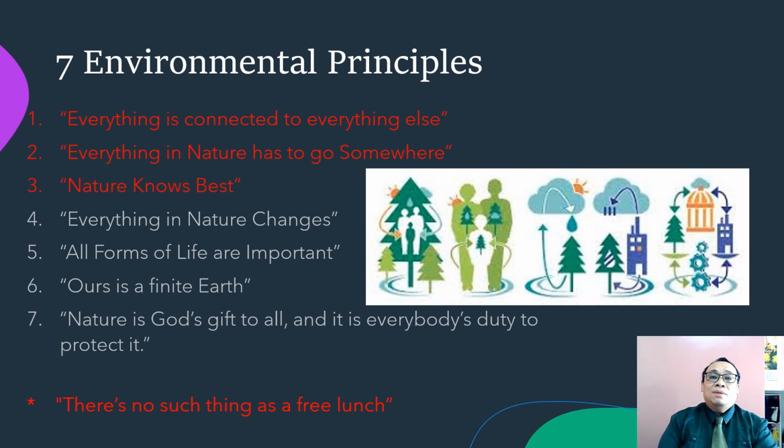It may not be useful for us, but it may be very useful to another species. And so we should not eliminate that species, because it will adversely affect the existence or the survival of the other organism that depends on it.